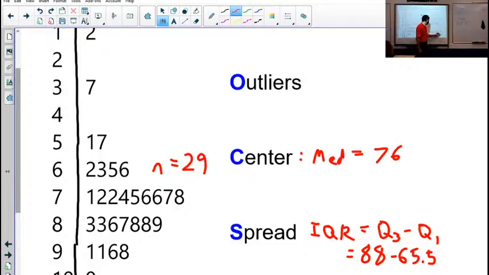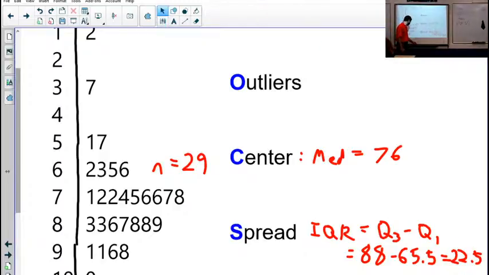On a roll today. Subtract, what do we get? Should be 22.5. So that's our interquartile range. So that's what we're going to use for center and spread.